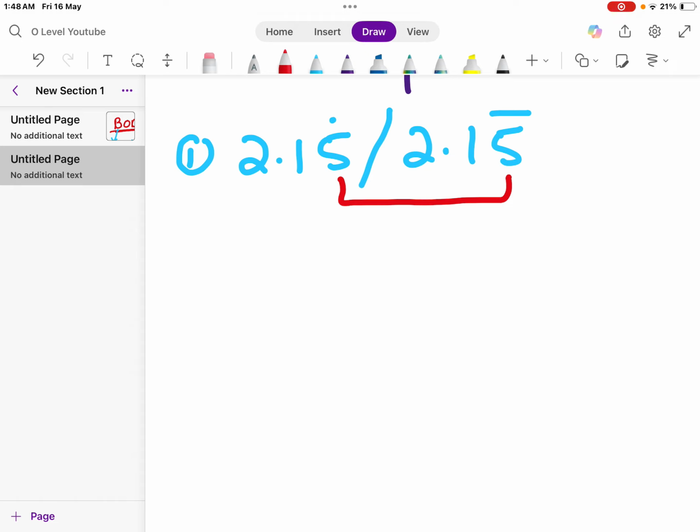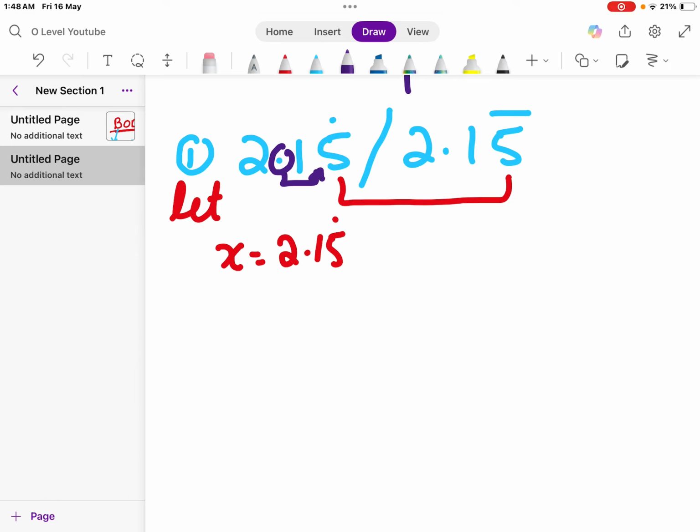There is a very basic concept you need to understand. First, let the number be x. Let x equal 2.15. Now listen to me very carefully. We have a decimal point.